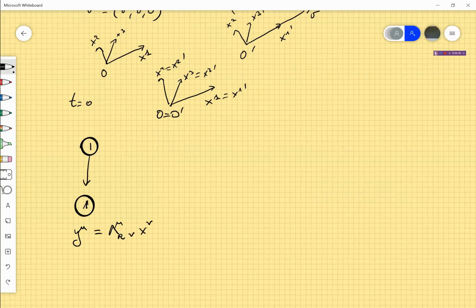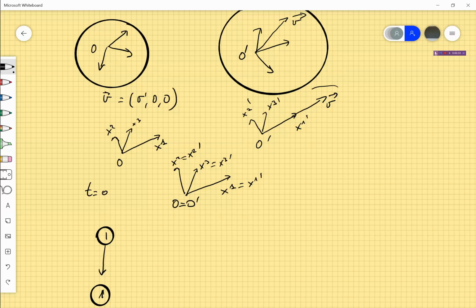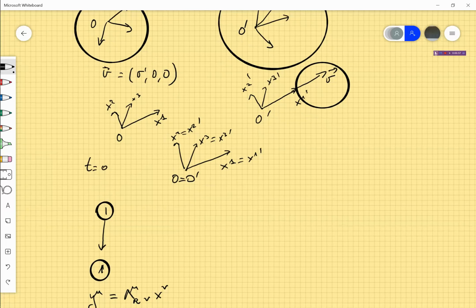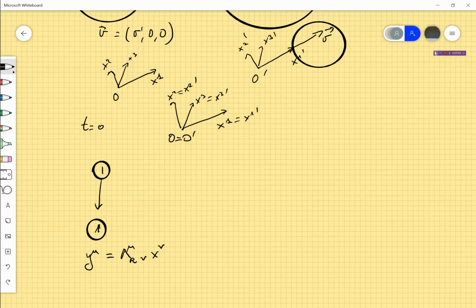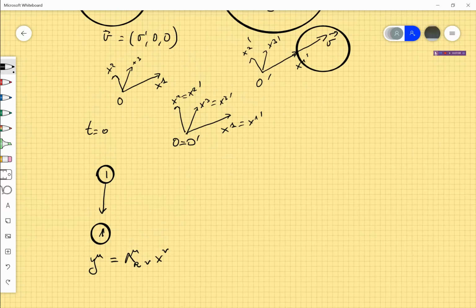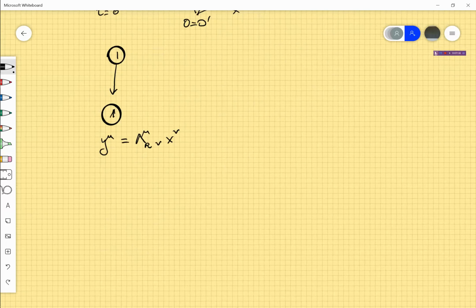This rotation is chosen so that this speed v is parallel to x1. Of course, we don't change v. v in space-time has the direction it has. We cannot change it. We would be changing the physics. We only want to change the description of the physics. And the description is that this v only has a component v1 instead of a general component. But in space-time it is clearly the same.